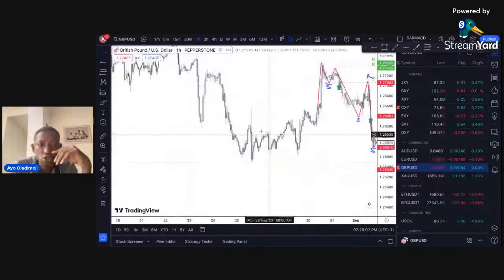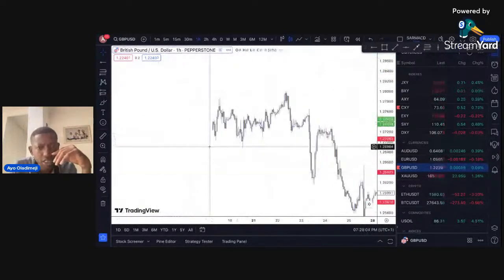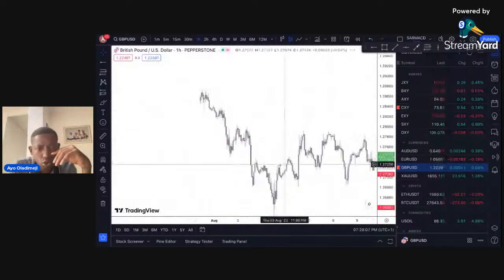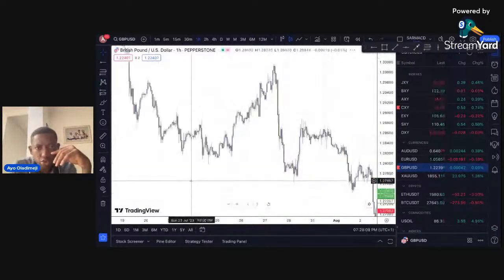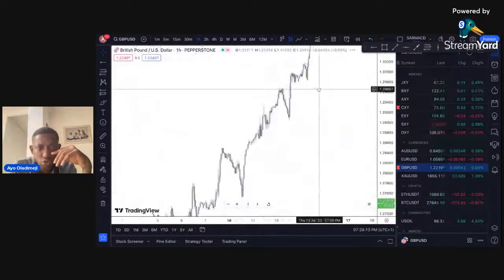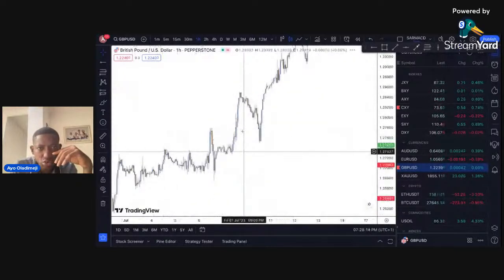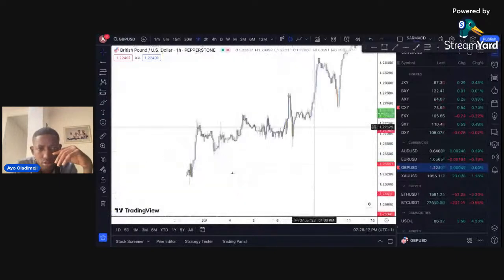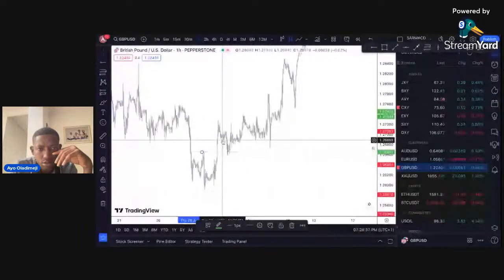So let me quickly show you in a market that is trending up. Here we have a resistance. Price came down, and then there's a resistance here too.